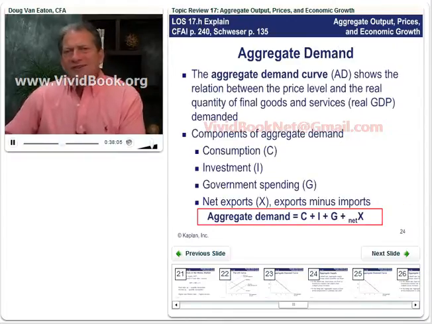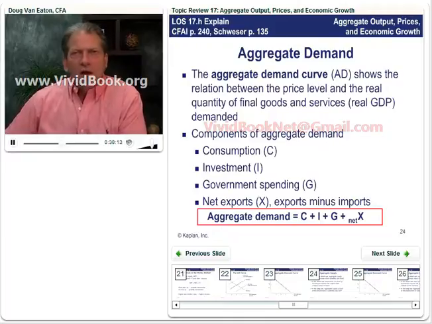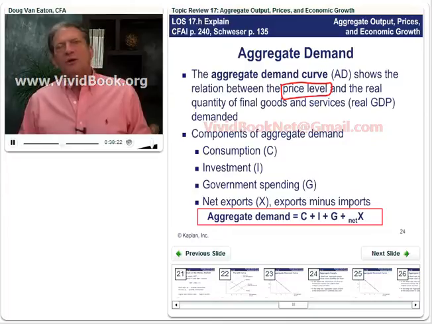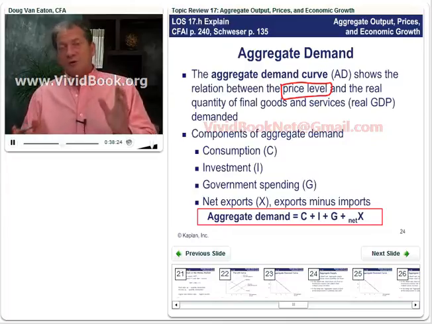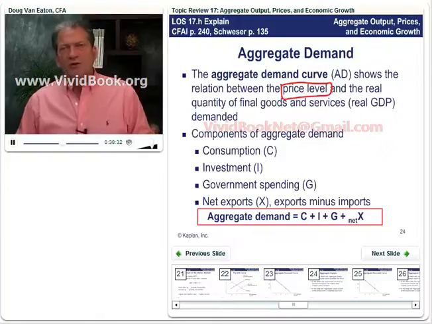So let's talk about the aggregate demand, what moves that around, then we'll talk about what moves aggregate supply around, and then go back to our equilibrium model. Aggregate demand curve shows the relationship between, and please remember what's on the axes, you don't understand the relationship being described in a curve unless you know what two things, at least in a two-dimensional graph, are trading off and what the direction of the trade-off is.